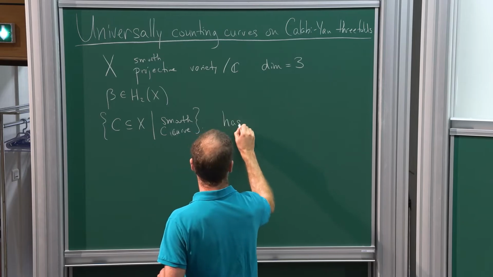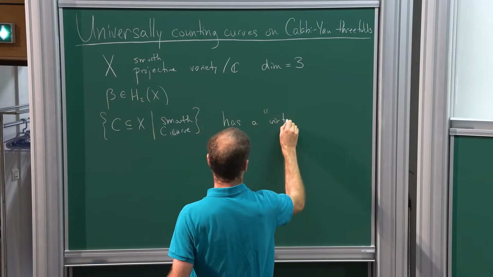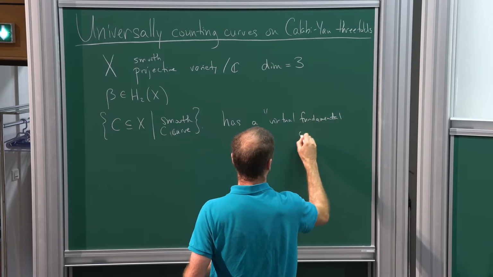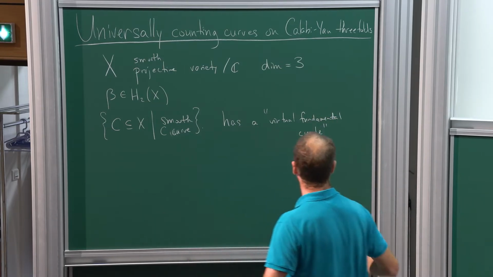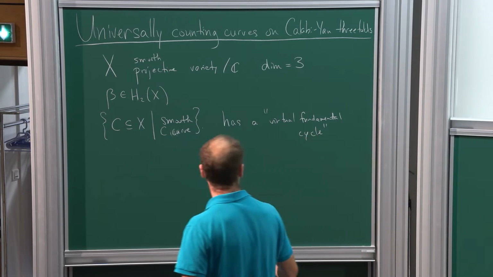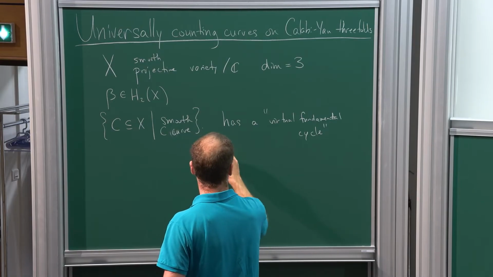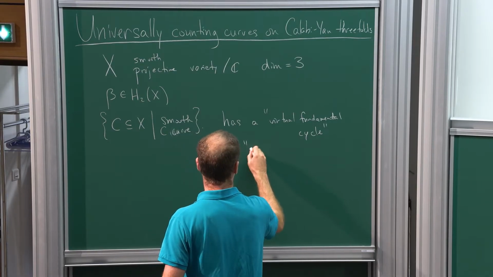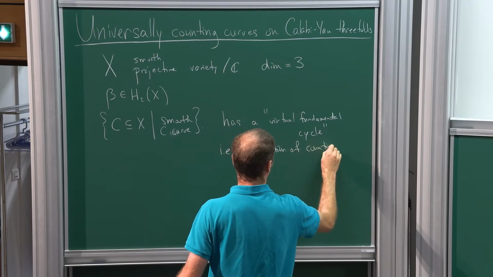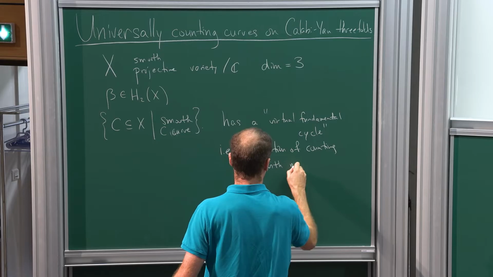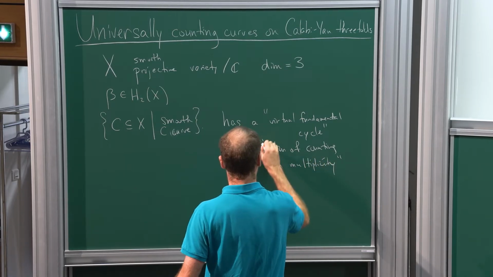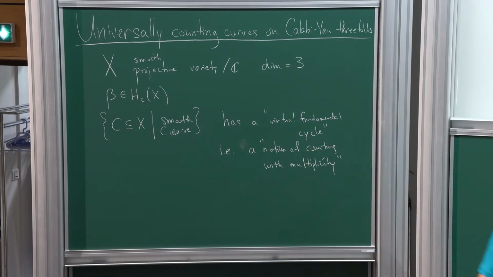It has what you would usually call the virtual fundamental cycle, or said in perhaps a more pedestrian, understandable way, a notion of counting with multiplicity.